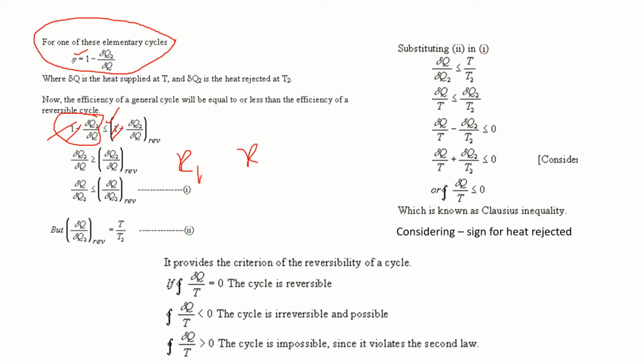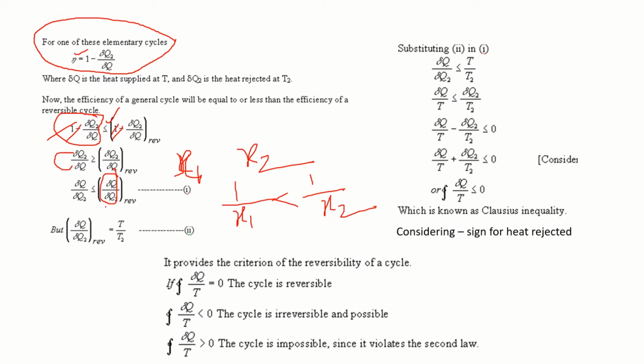This other one is the x2 value. 1 by x1 is definitely smaller than 1 by x2. Correct? Because x1 is larger. Right. That's why, when I invert it, it is written as delta Q by delta Q2 is less than or equal to delta Q by delta Q2 reversible.